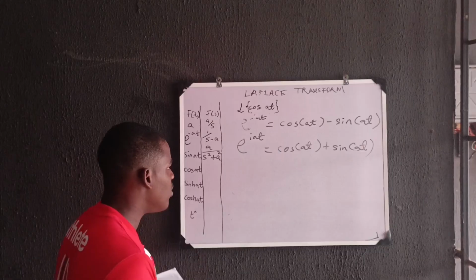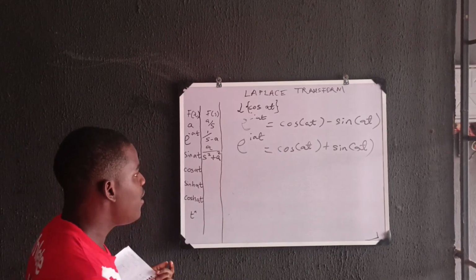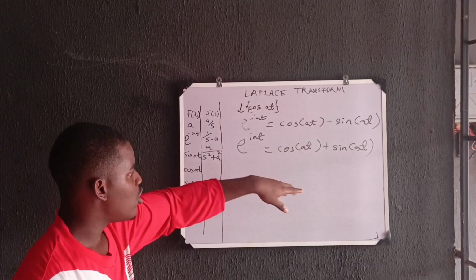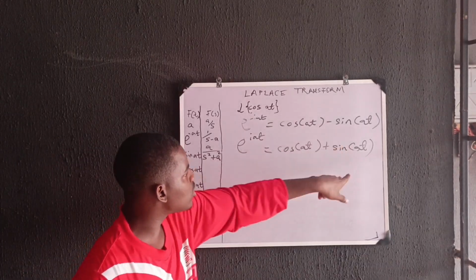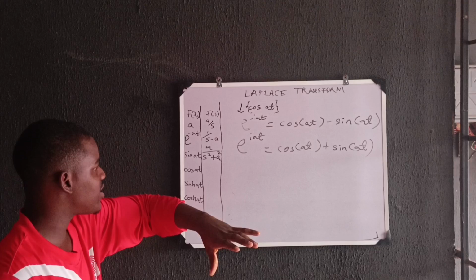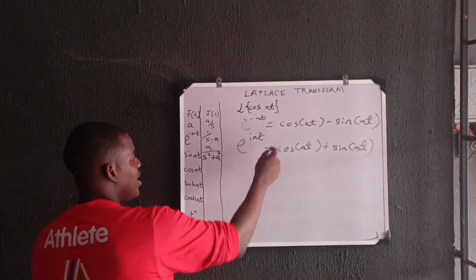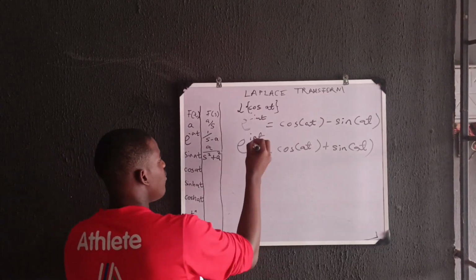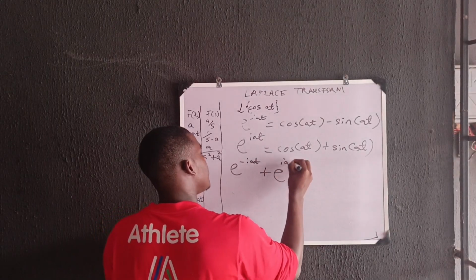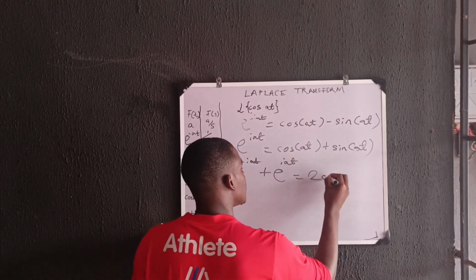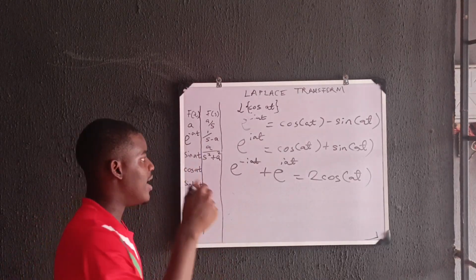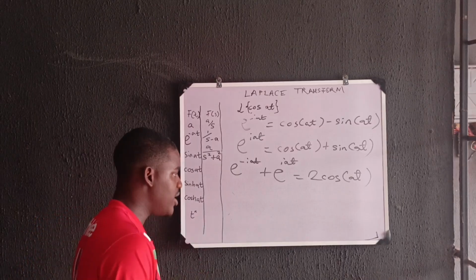Before I exposed it in the previous video, in these two equations, if you add these two equations to each other, you're going to have minus sine at plus sine at. So sine at is going to disappear, and then we are now going to have 2 cos at. So if we say e to the negative iat plus e to the iat, we are going to have 2 cos at, right?